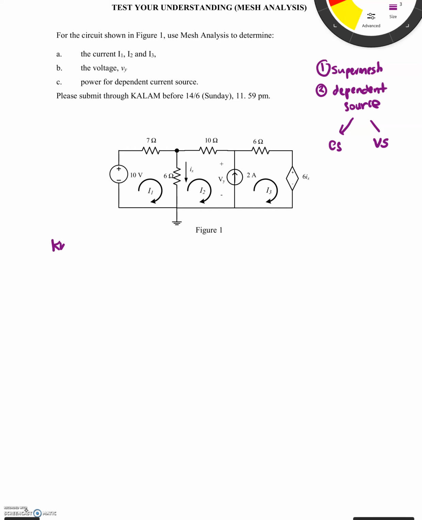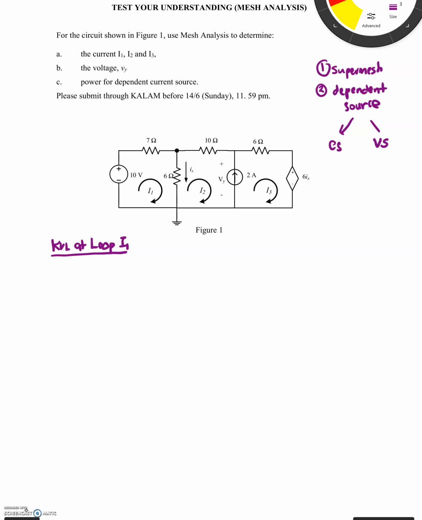So first, KVL at loop I1. We assume that all the voltages at the resistors are positive, because you want to ensure that for loop I1, the I1 is dominant. It means that when I1 is dominant, I1 will minus the other currents at the other branches.